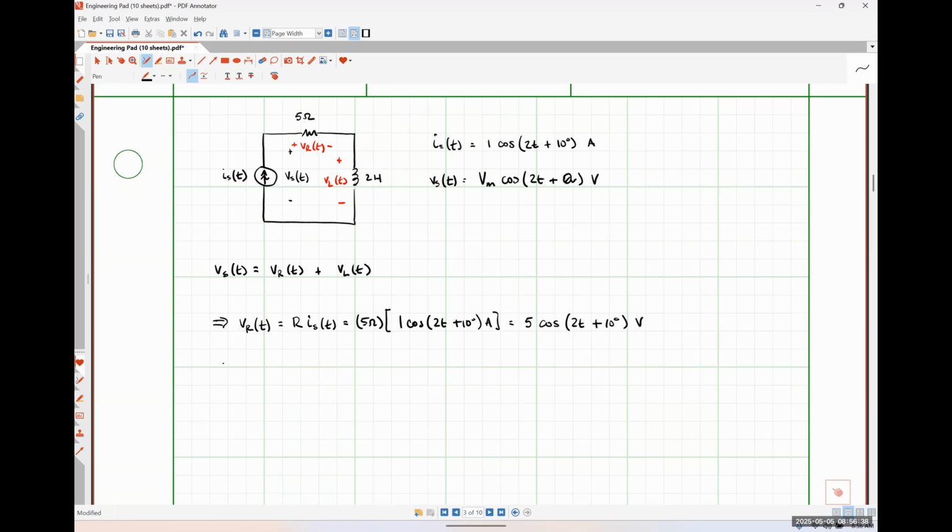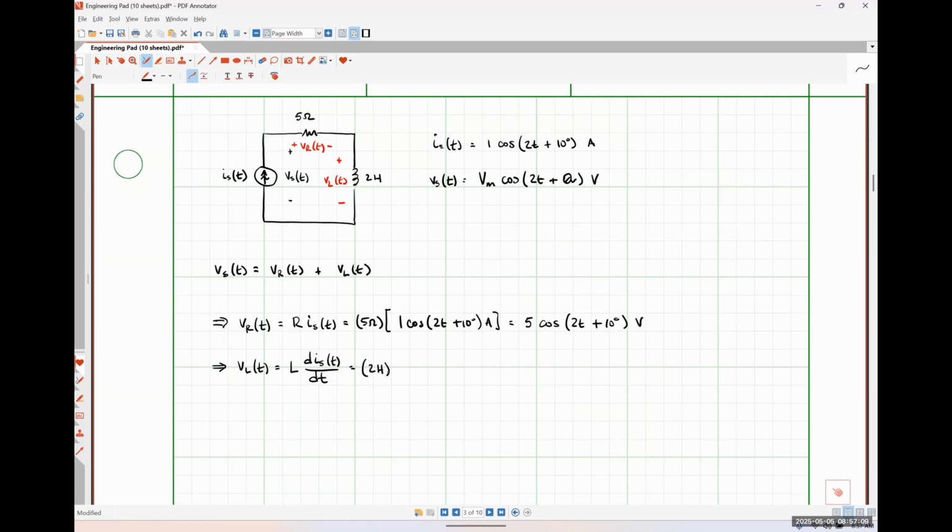To find the voltage drop across my inductor, I'm going to use the relationship V is equal to L times the derivative of my current. So my inductor has a value of 2 henries. And now I'm just taking the derivative of cosine of 2t plus 10 degrees.